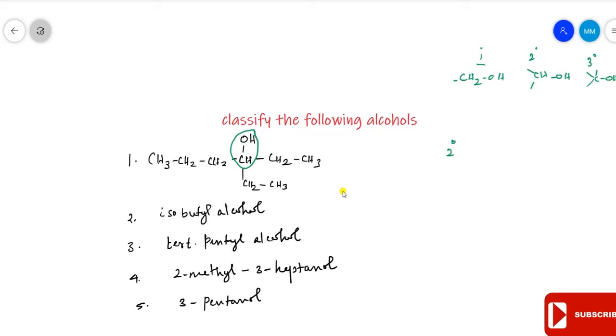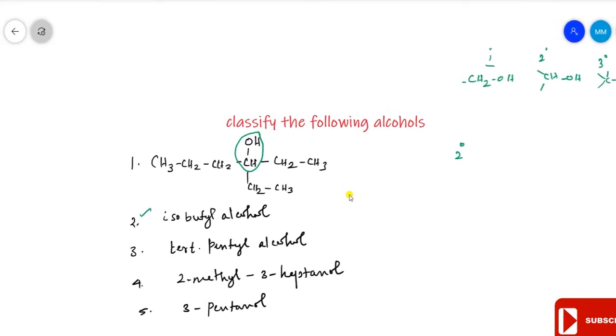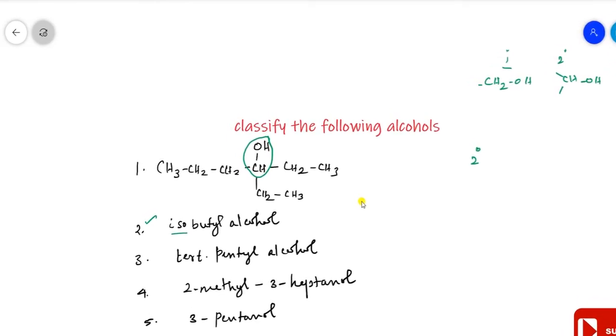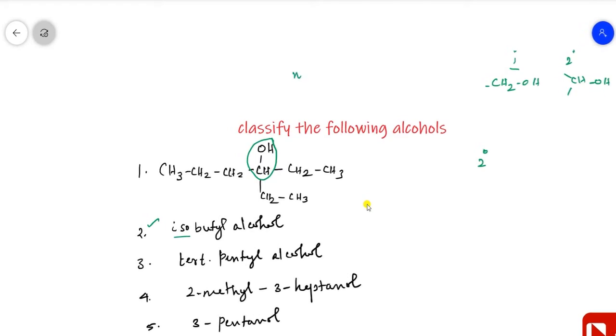Okay, students. Then isobutyl alcohol. In isobutyl alcohol, the prefix iso is there. From the common name, if the terms normal or iso are present, it is primary. For secondary, the prefix secondary is there, and for tertiary, the prefix tertiary is there.